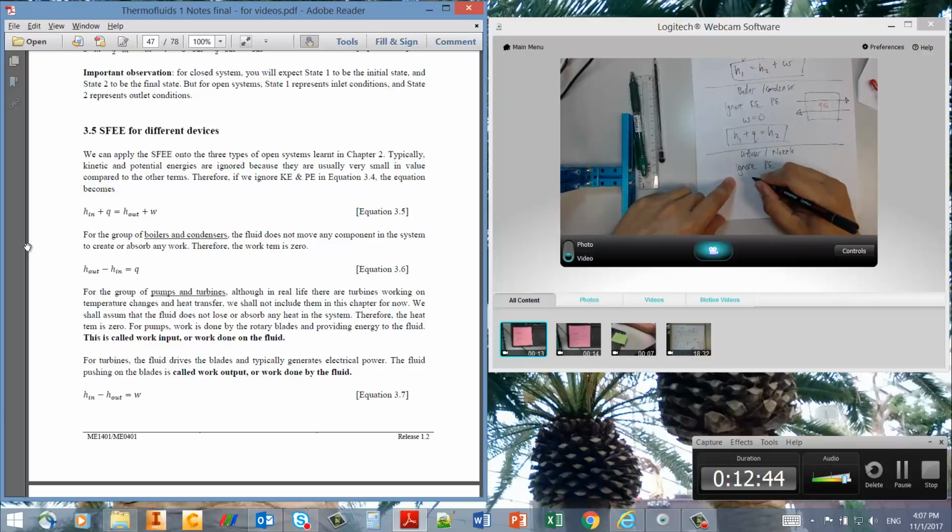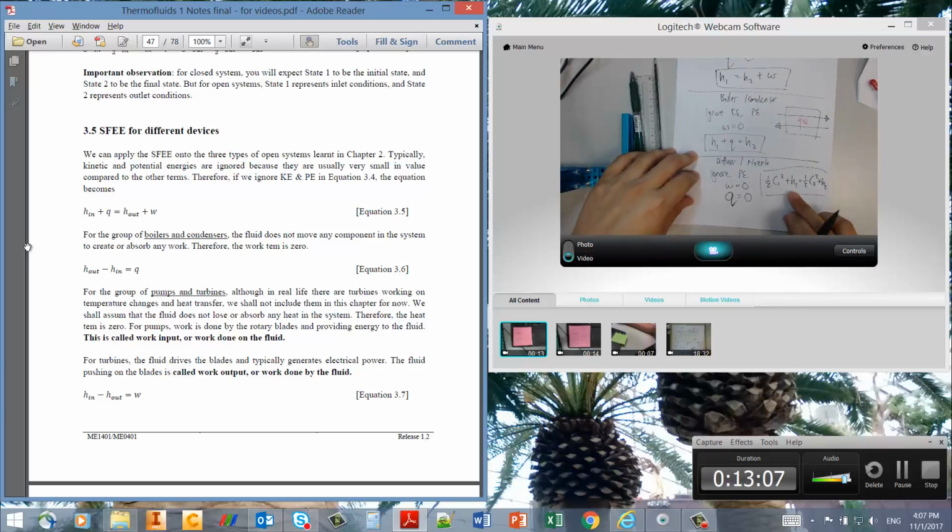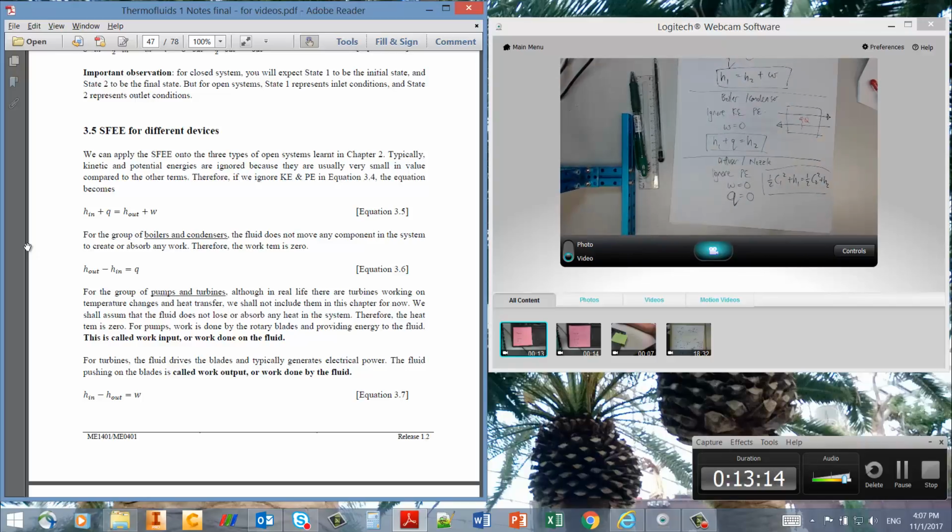Because there are no moving parts, work is 0, and we can treat it as an insulated flow, so Q is also 0. So at the end, you're only left with inlet KE and outlet KE. So the first law becomes simplified into this form for diffusers and nozzles.